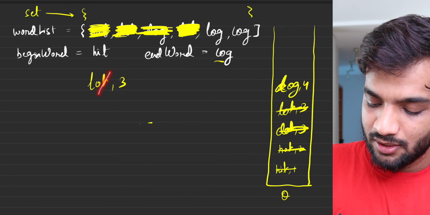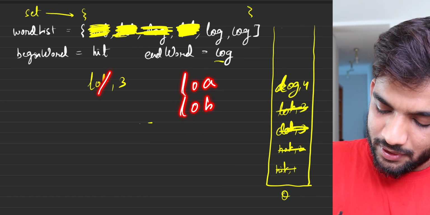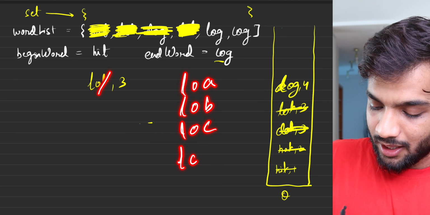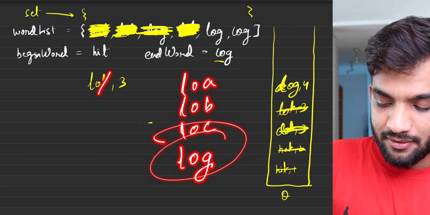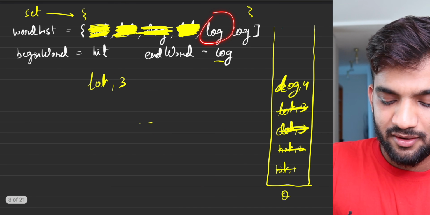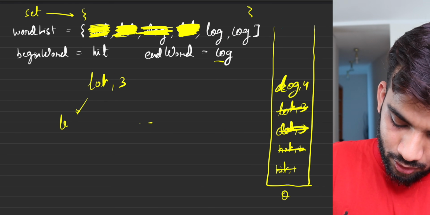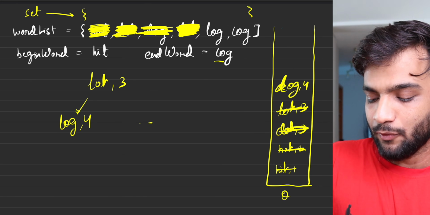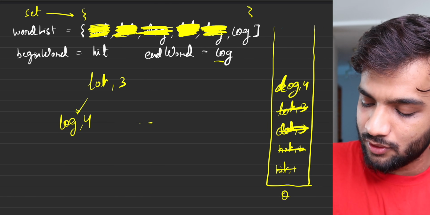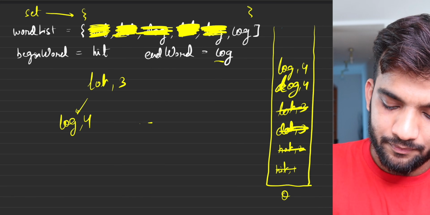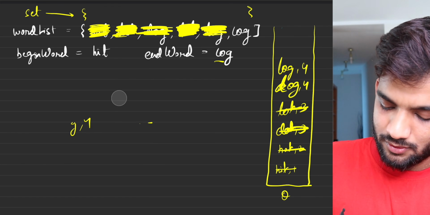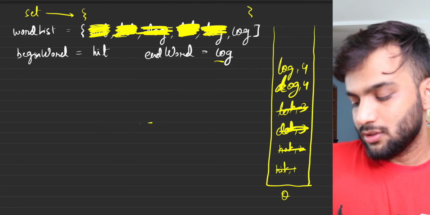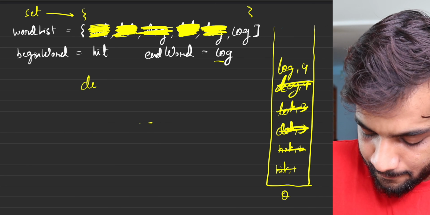Next, T. LOA, LOB, LOC, LOG. LOG is there. So you can take it to LOG with step 4. Removed. LOG with step 4. Perfect.